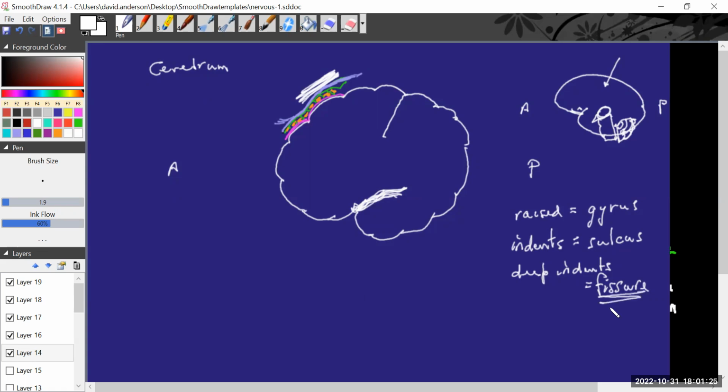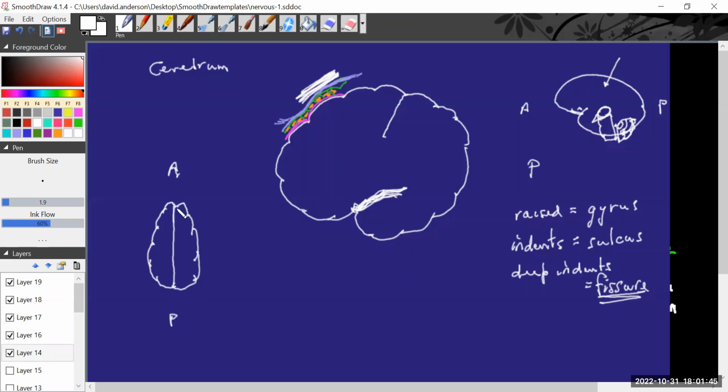If we looked at the top of the brain, it would look a little bit, I made it a little bit too skinny, but you get the idea. And we'll keep the anterior there and the posterior here, for convenience.